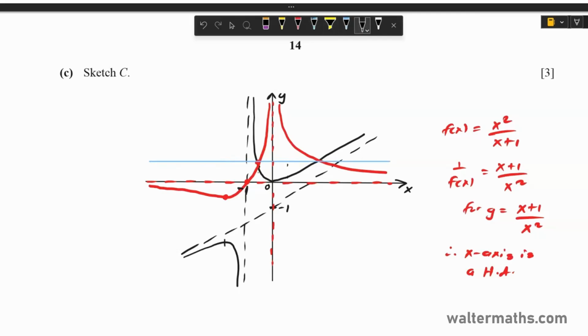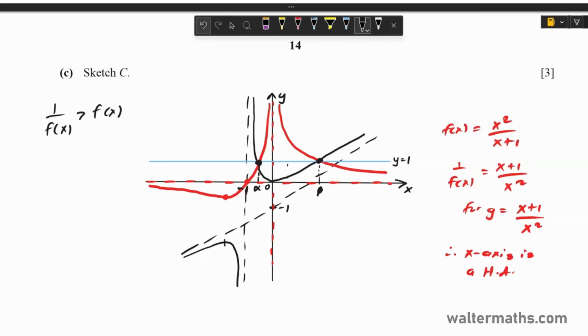Okay, so this point here and this point here are the points where these two graphs intersect. I'll say the x value here is alpha and the x value here is beta, and this is the line y equals 1 that I have drawn. So in order for us to solve the inequality 1 over f of x is greater than f of x, we have to find the values of alpha and beta.